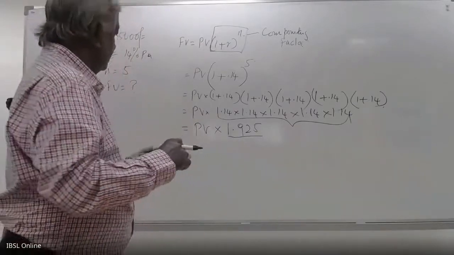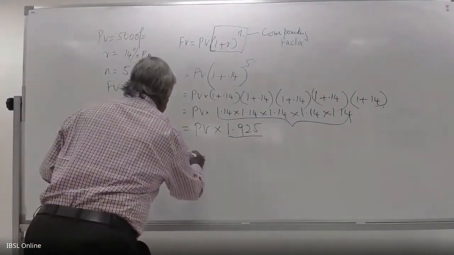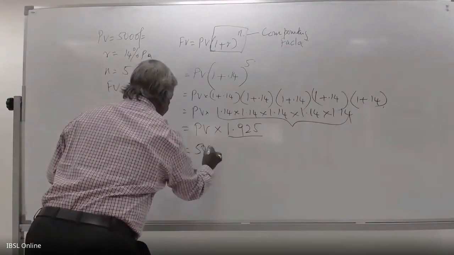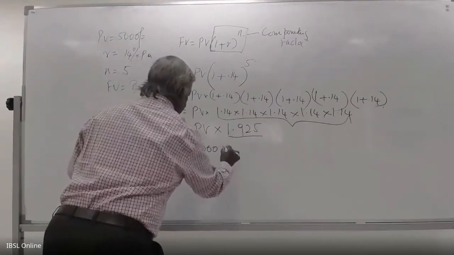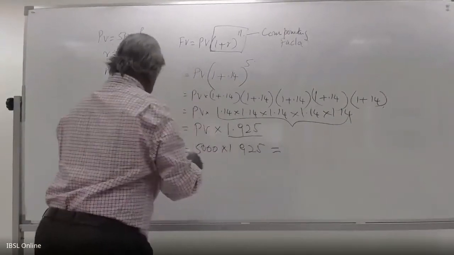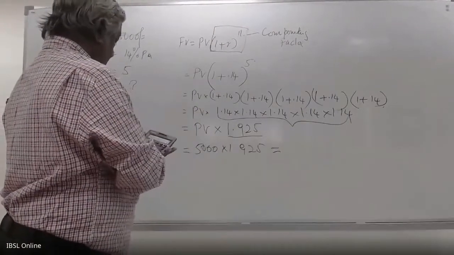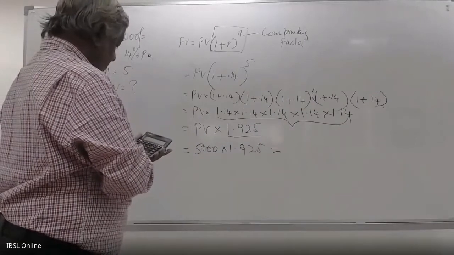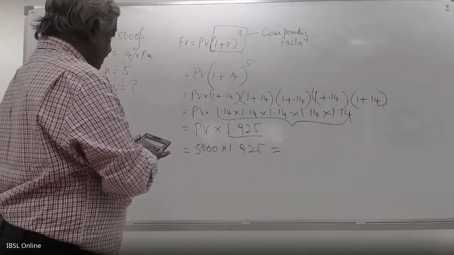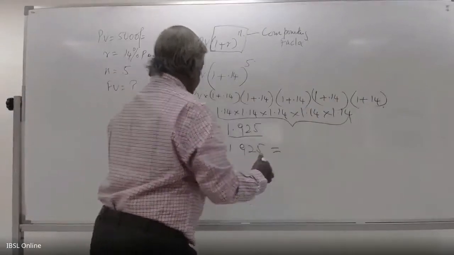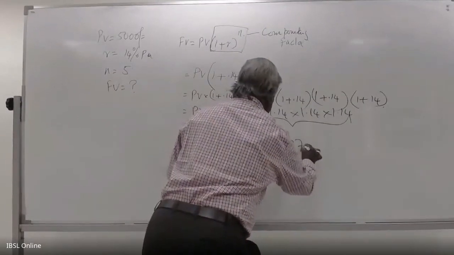So the future value is equal to PV, now 5,000 rupees, he is going to deposit, into 1.925. This is equal to 5,000 into 1.925, which is 9,625.